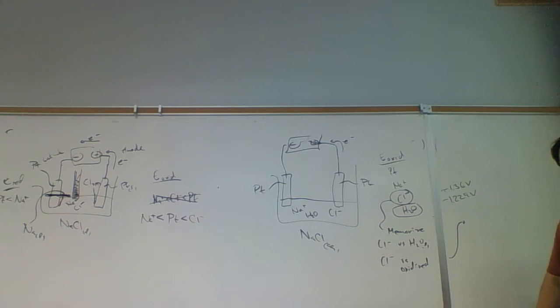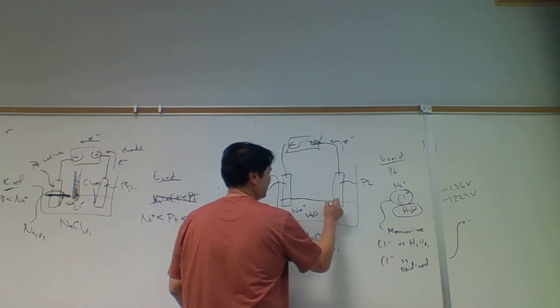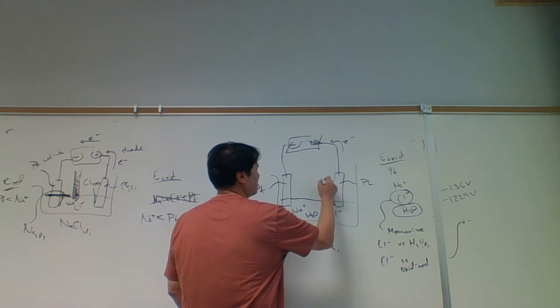And so it has a lower activation barrier and an easier mechanism, and so it happens much faster. And so chloride is oxidized, even though water is expected to be. And so what's going to happen here is this. Chlorine gas forms over here.